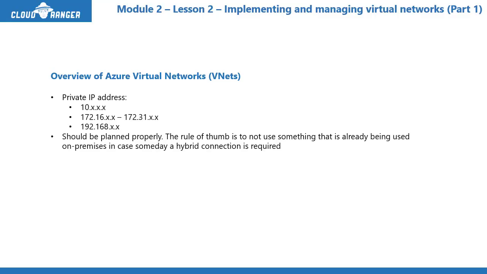So for your networking folks, you don't have to worry about anything. This is just a private IP address, as you can imagine, 10.x.x.x. So you can pick anything from the 10 range, or 172.16.x.x to 172.31.x.x. And by the way, that x.x can actually go all the way from 0 to 255, okay?